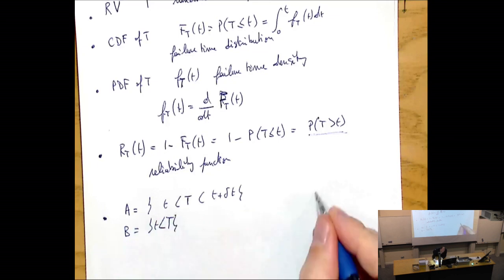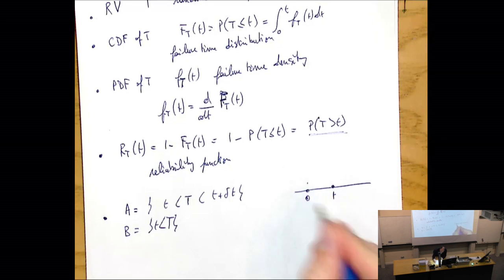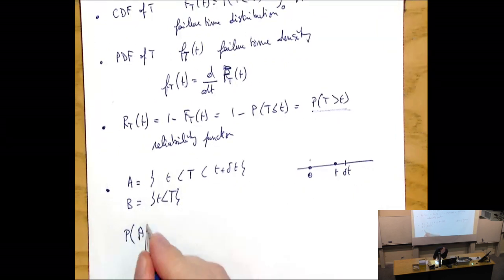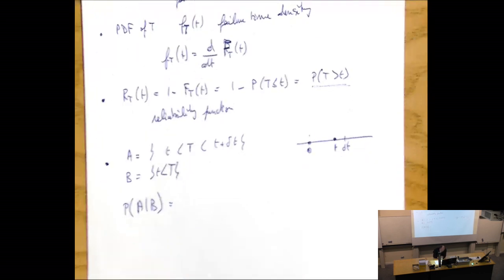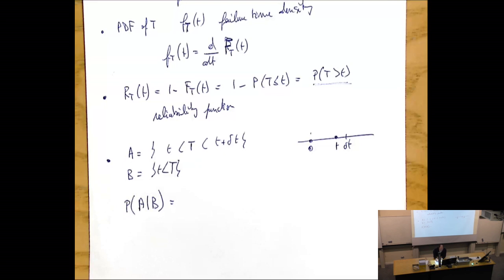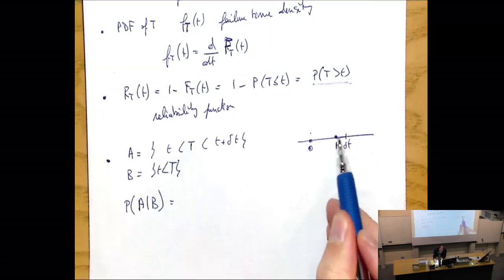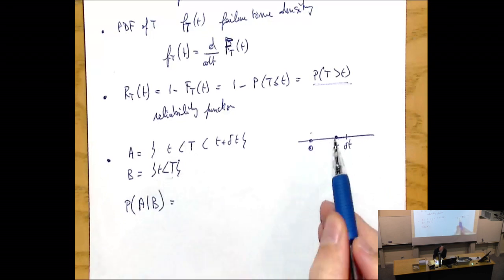So you have a time t, you have the time 0 here, and you have delta t. What we're looking at is the probability of A given B: the probability that the system or component operates within this time interval, given that it has already worked properly for t units of time.